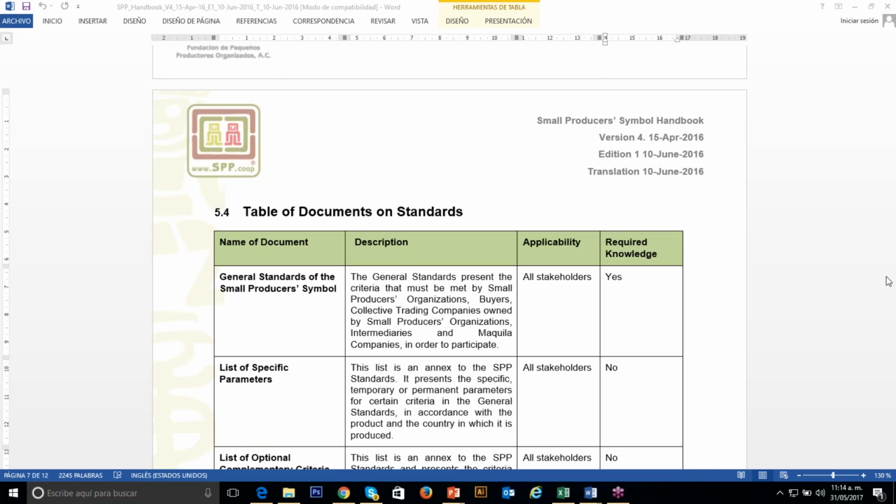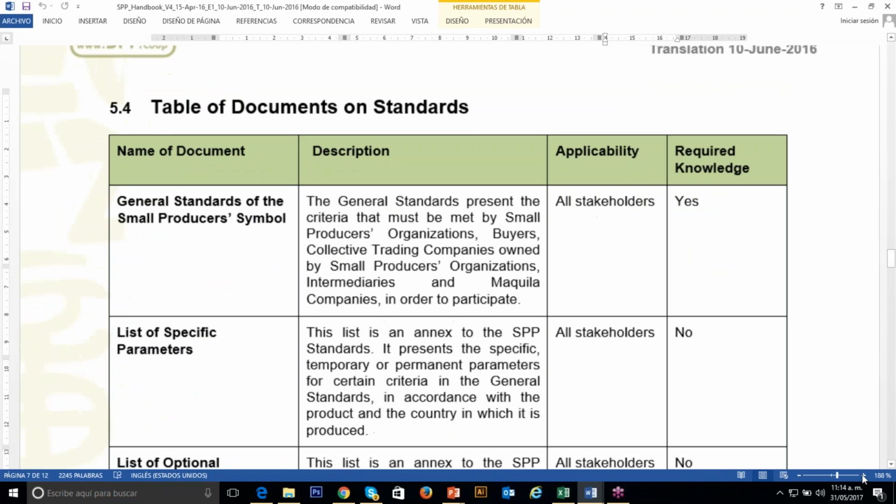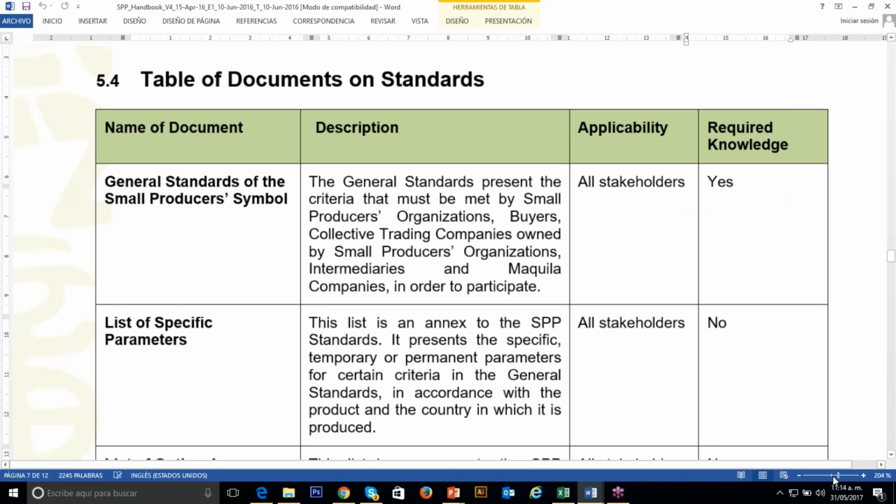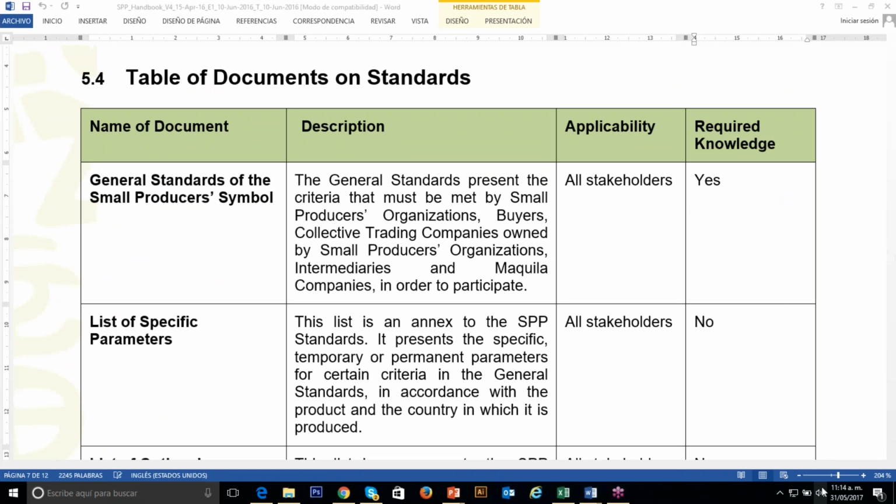Okay, so I'm going to respond to the Alfred question. It's about the colors of the logo, and it's not more about the SPP, but it's important too, and it's important that you know what SPP means.